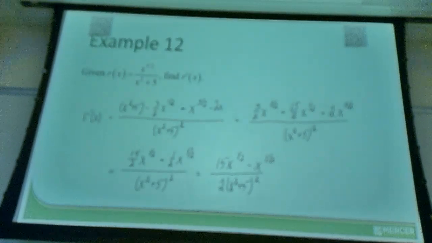Let's see what purpose it serves, so I'm not going to. Power rule, constant rule, sum rule, scalar multiple rule, product rule, quotient rule. Any questions? Pretty easy.